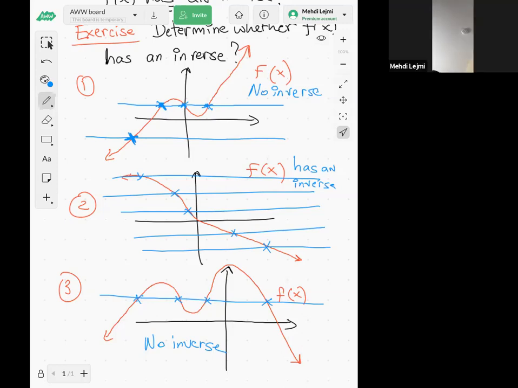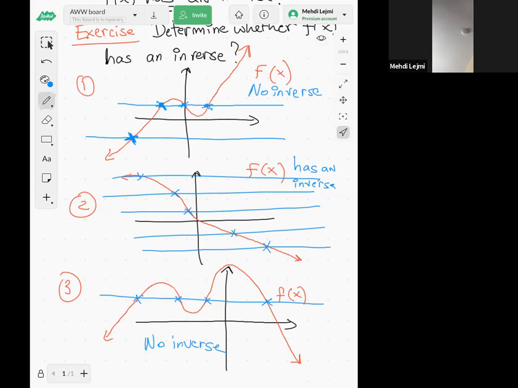Is there any other question, guys? Okay, perfect. Then we are done with this section 1.8. We covered everything in this section.